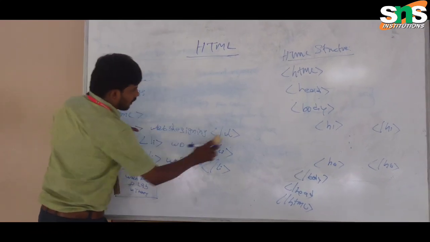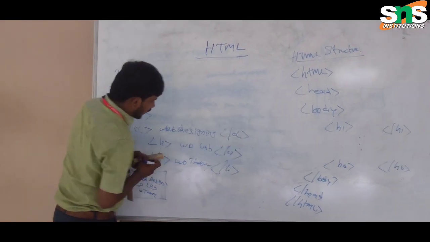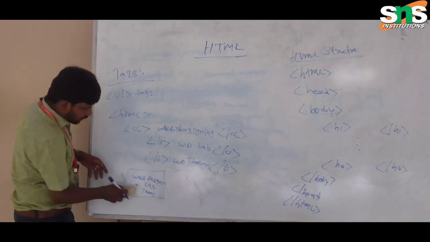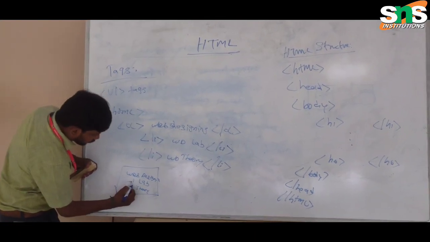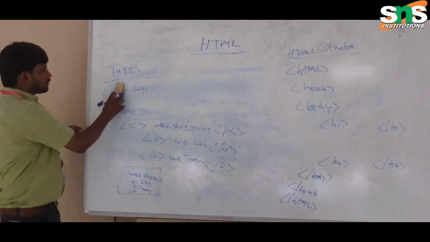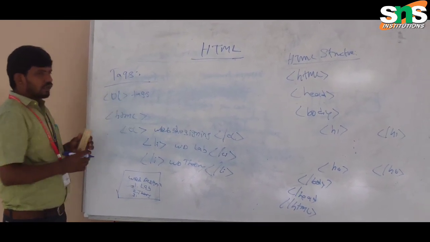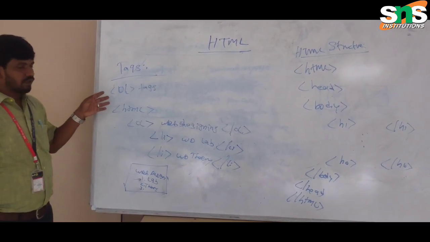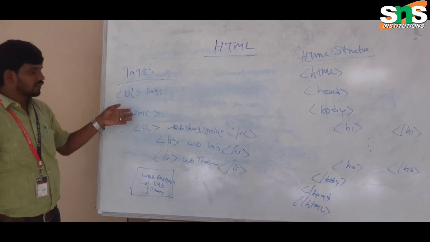The OL function is the ordered listing function. Same as before, but instead of a bullet we use numbers 1, 2, 3. This is the main difference between the ordered listing tag and the unordered listing tag.